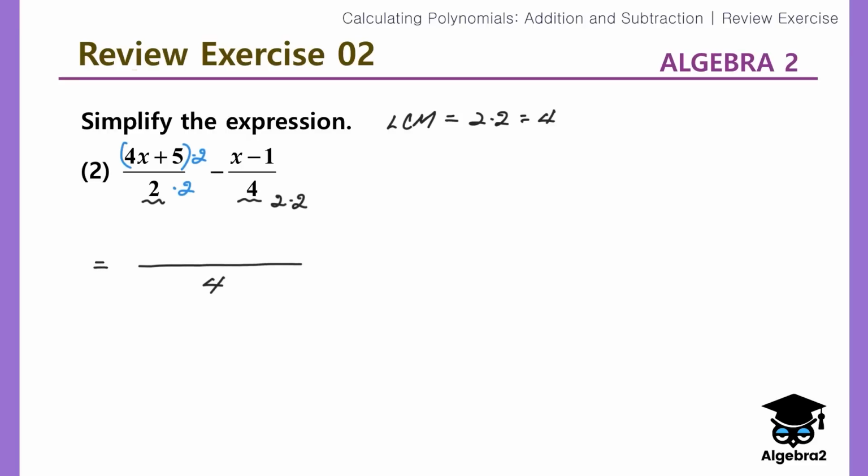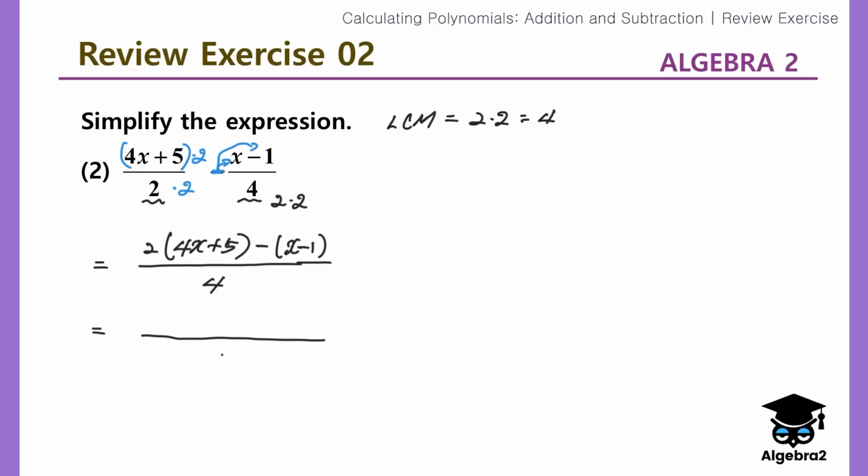Denominator is 4 now. 2 times (4x plus 5) minus, here minus, we have these parentheses. This minus applies to this term and this term, both of these terms. So use a parenthesis like this. Okay, so that's one particular point we have to be careful.